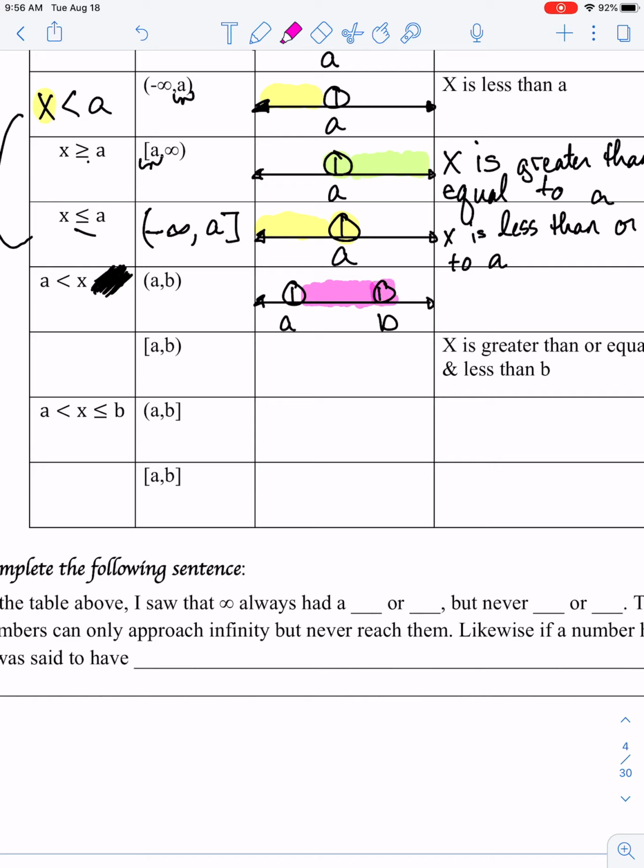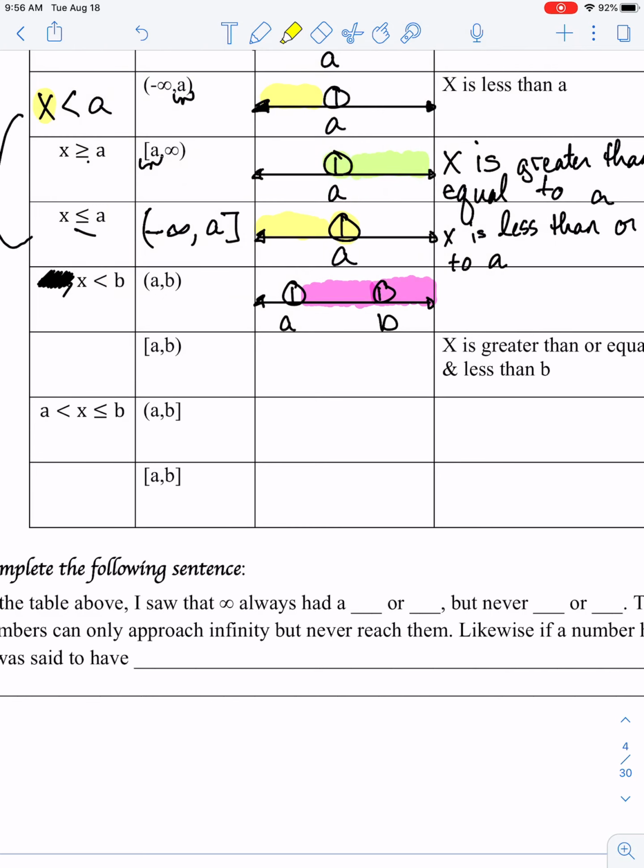Okay, so X is greater than A must be shaded to the right. After I shade that, I'm now going to hide this A part with the inequality sign. And now it is X is less than B.